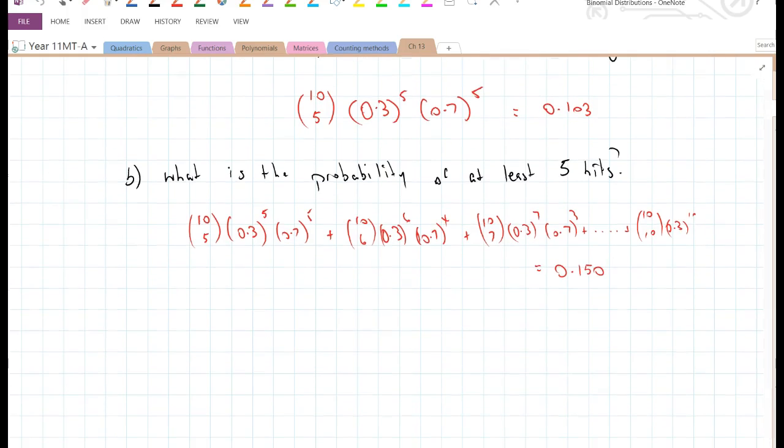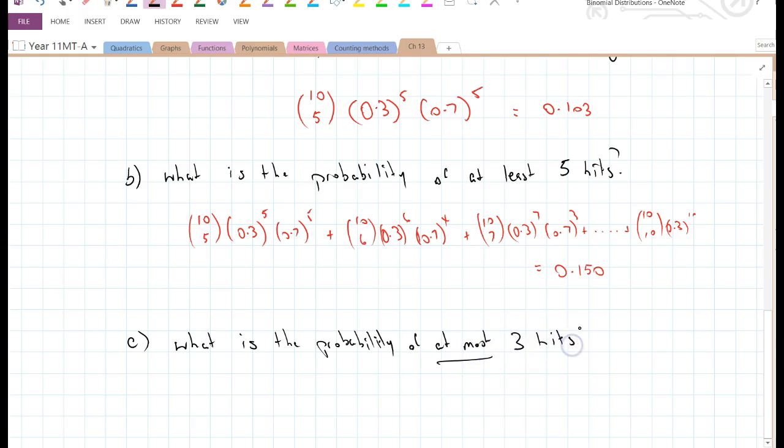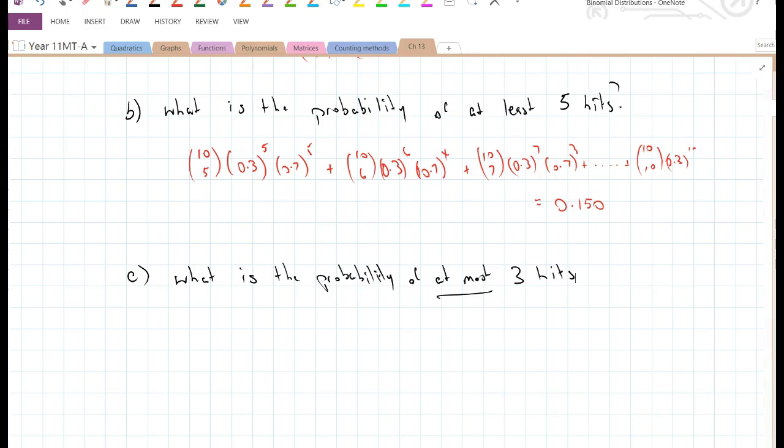Perhaps what is the probability of at most 3 hits would be an interesting one, because we decided that 3 was our most likely. What is the probability of at most 3 hits? So that would be 0 plus 1 plus 2 plus 3.